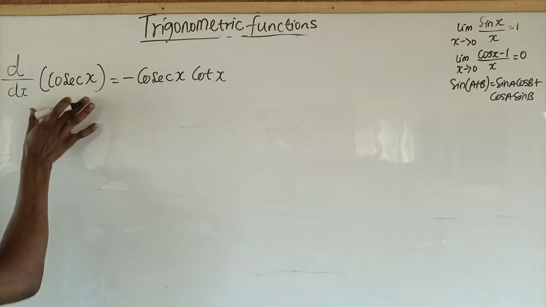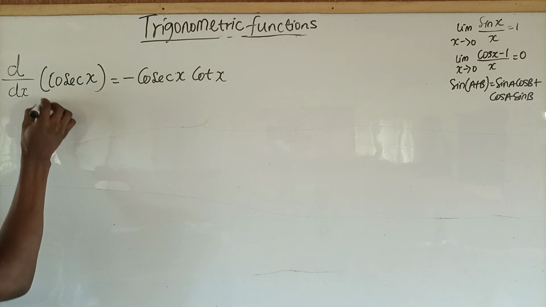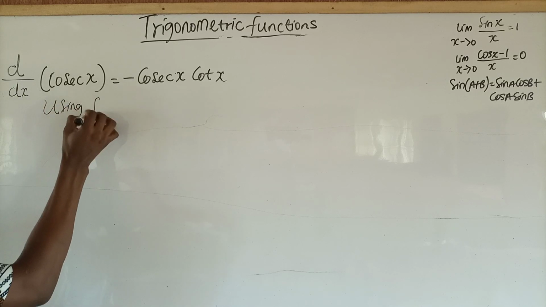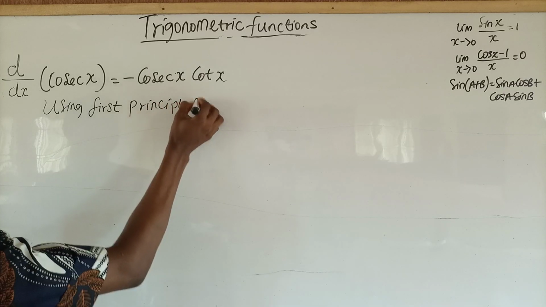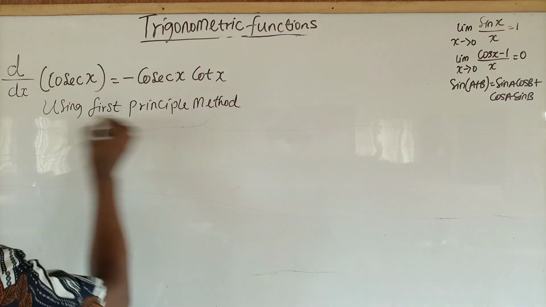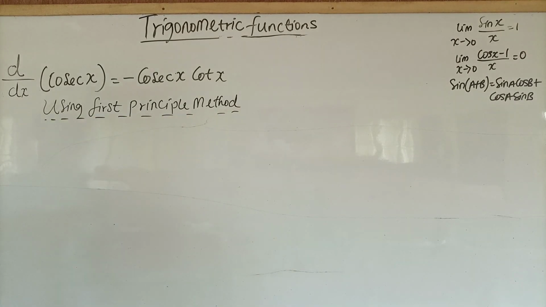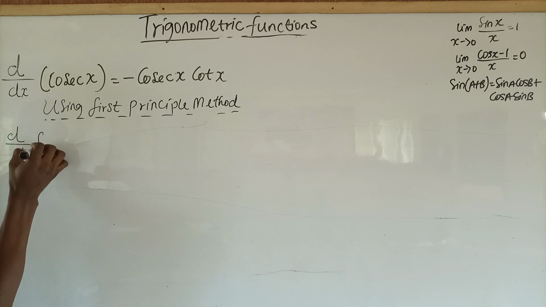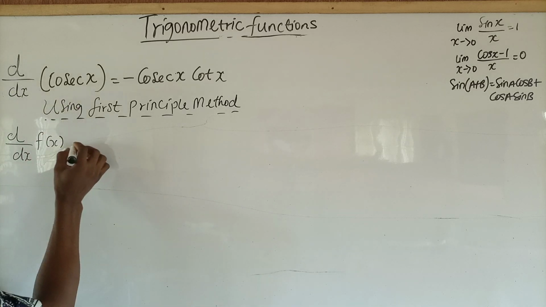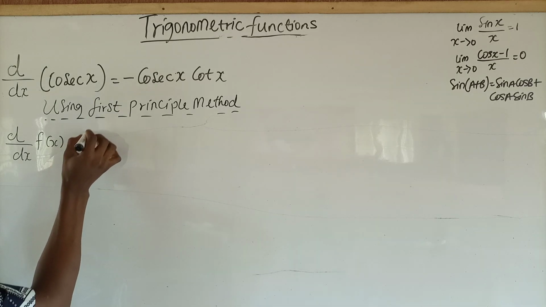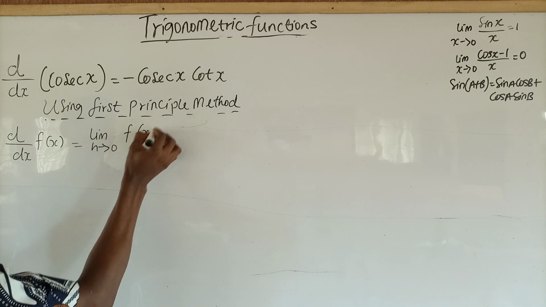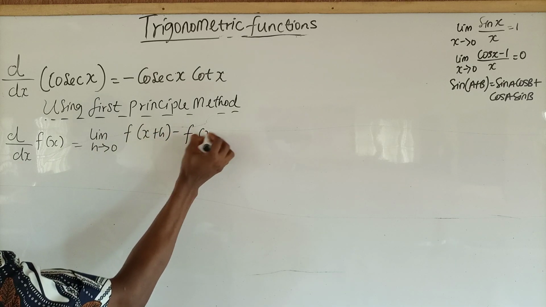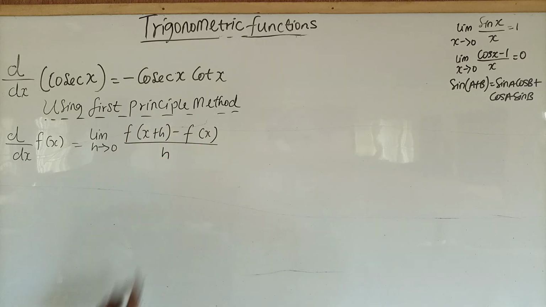In order to find the derivative of cosec x, we are going to use the first principle method. The first principle method is telling us that d over dx of the function f of x, which is cosec x, is equal to the limit as h approaches 0 of f of x plus h minus f of x all over h.